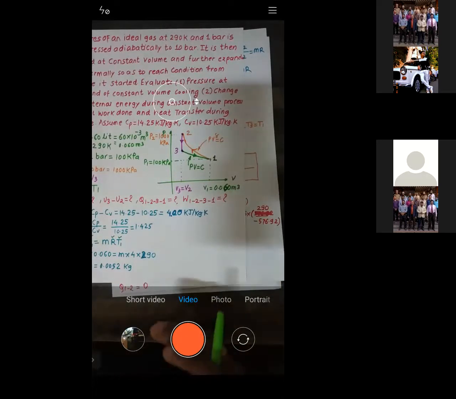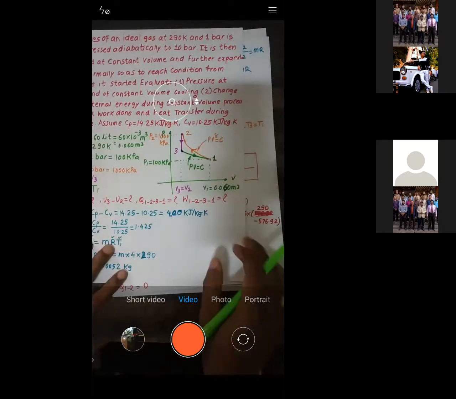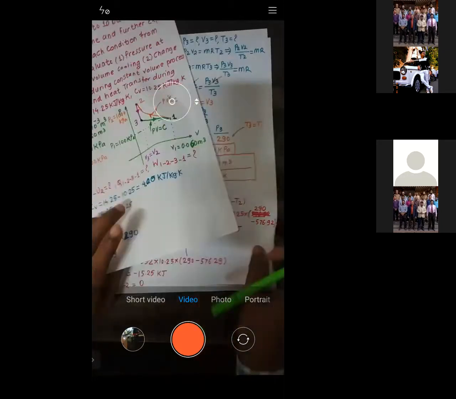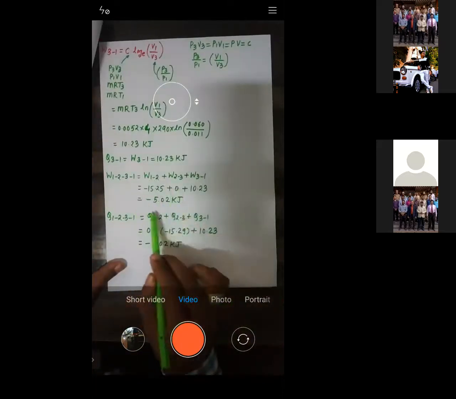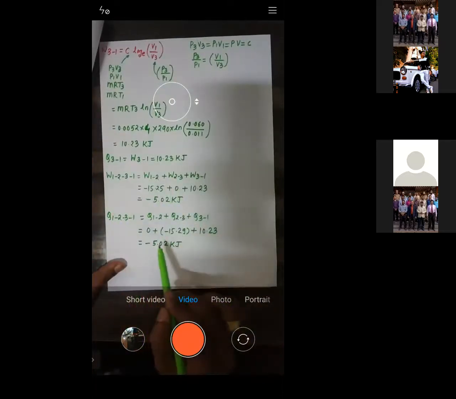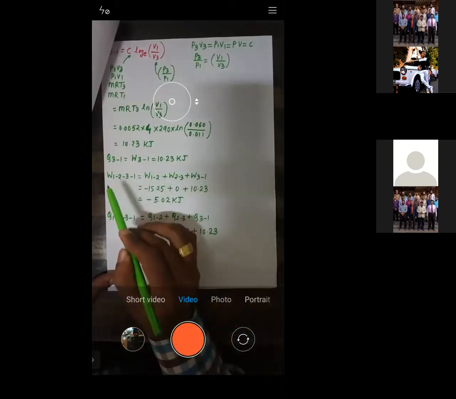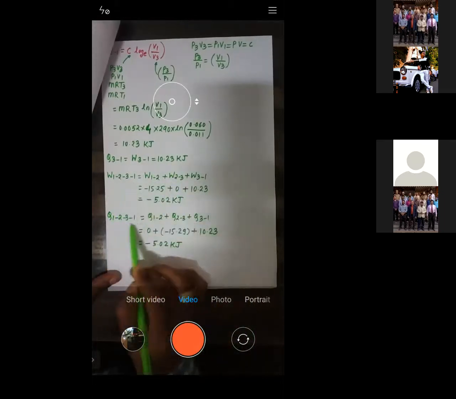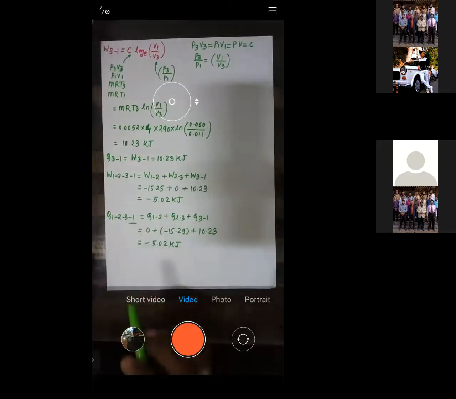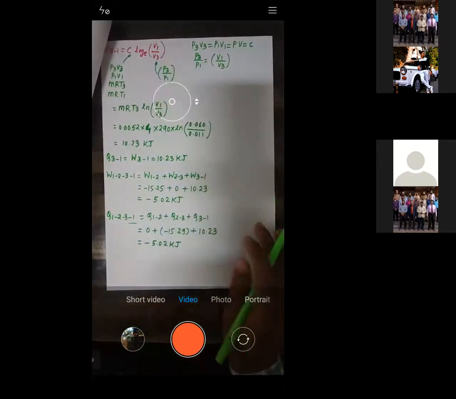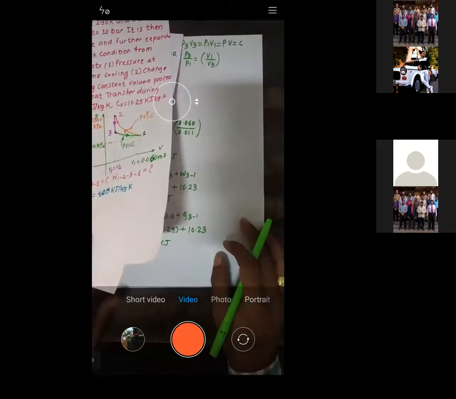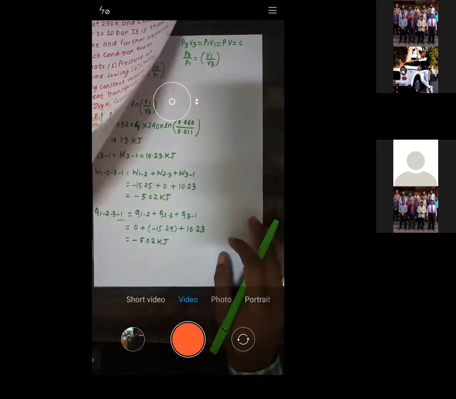You can check, same answer we got. Work done is minus 5.02 and heat transfer is again minus 5.02. So we have the same values for work transfer and heat transfer for a cycle. That means the problem we have solved is correct. Is it okay?